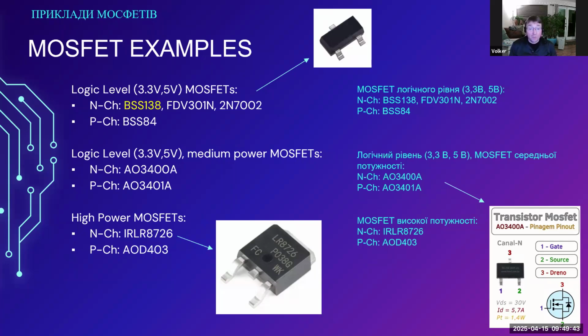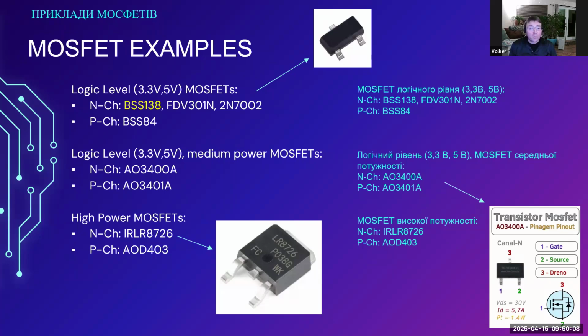It is a logic level MOSFET. It is not really intended for 3.3 volts. It is a logic level MOSFET for 5 volts. But if you really need a MOSFET that you directly attach to a microcontroller instead of a junction transistor, then that is probably the type that you want.